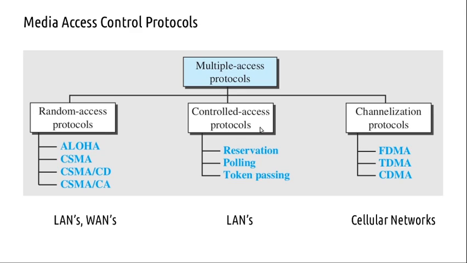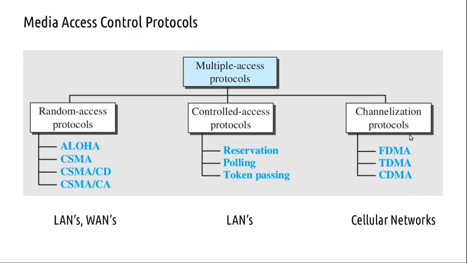Similar approaches are there in controlled access protocols. There will be some master which does this coordination. These are used in WANs and LANs, mostly in LANs. Token ring is still there and in some use.